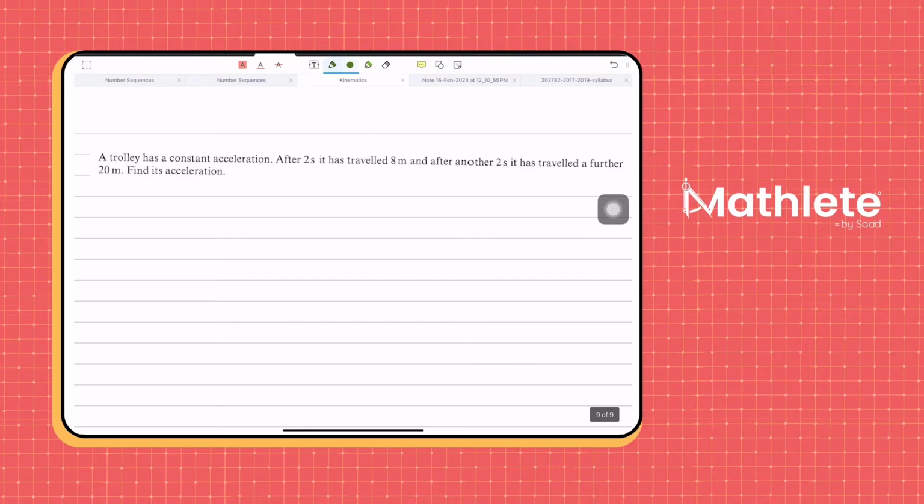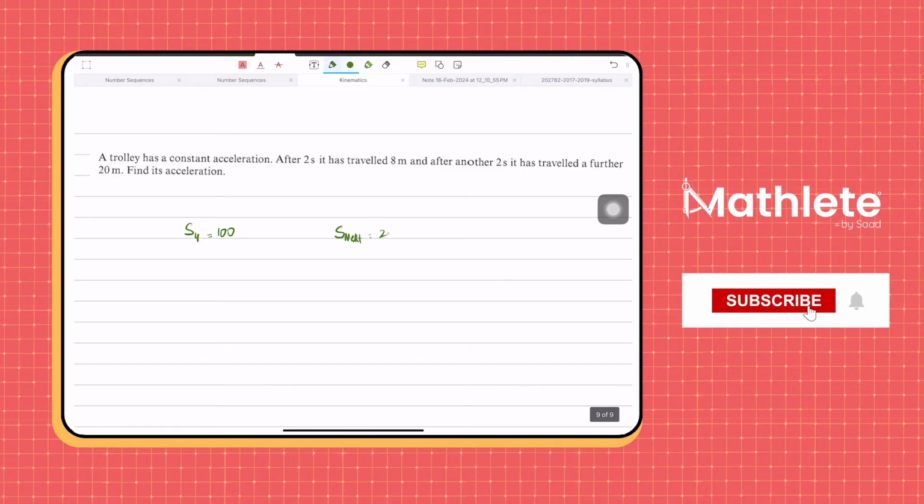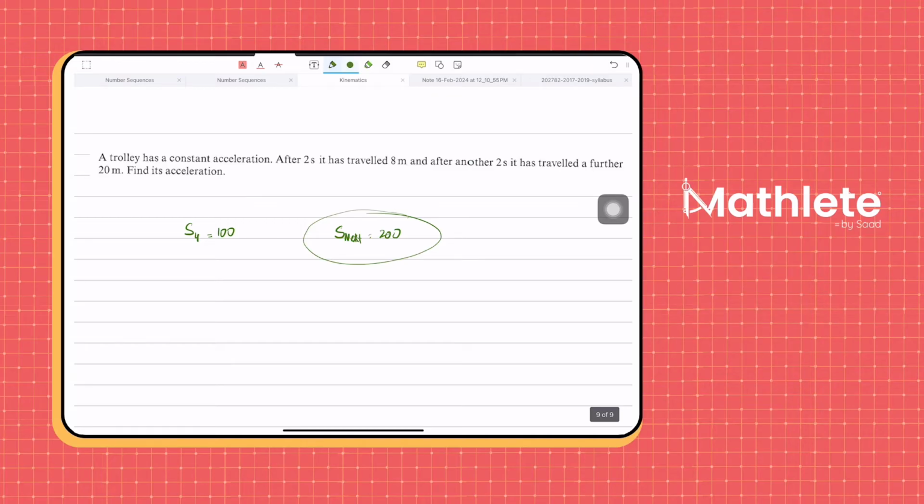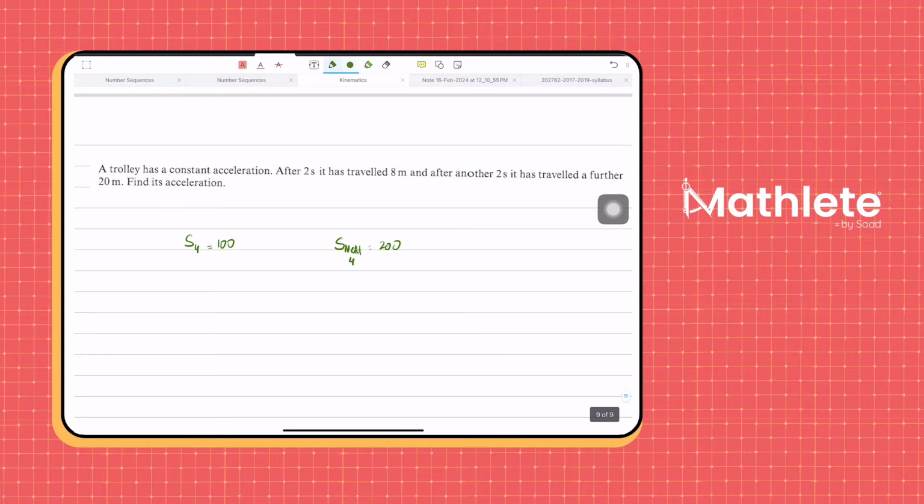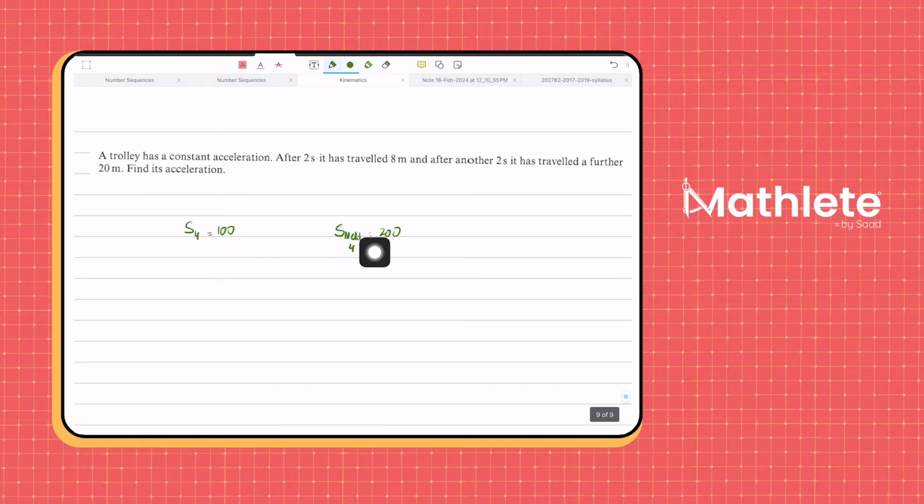How do you form an equation using the sum of the next 4 terms? I agree, use the sum formula, but what do you do with the information? Can I make an equation by using this piece of information alone?